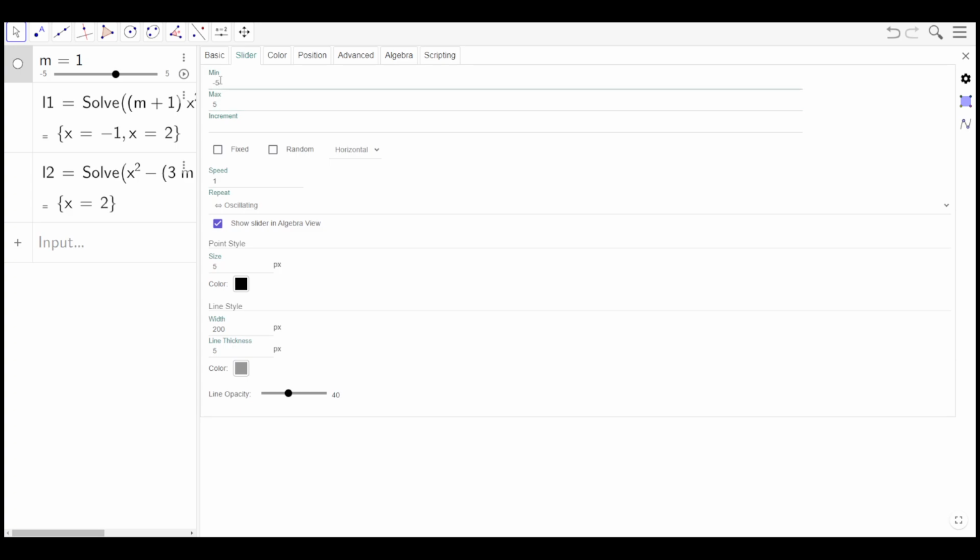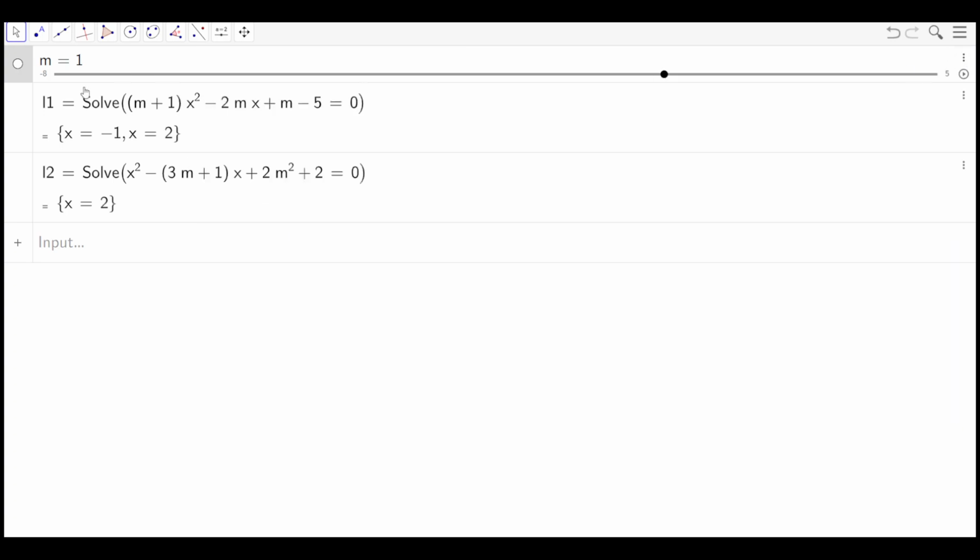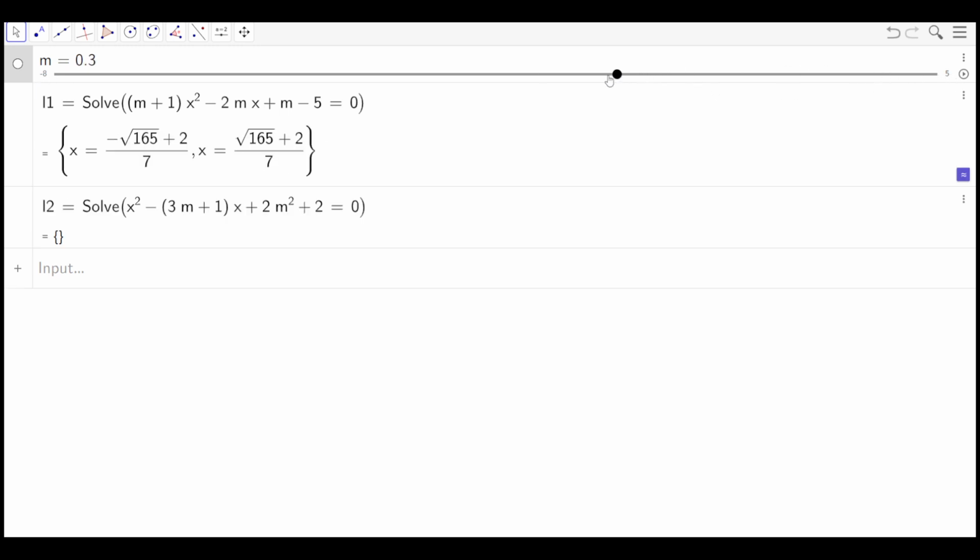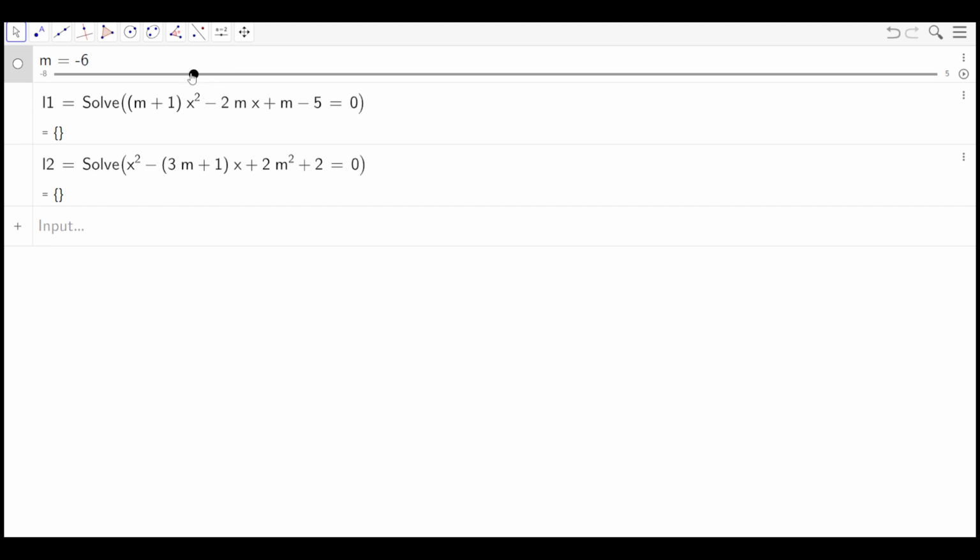You see the minimum is -5, the maximum is 5. So let me change it from, say, -8. And then it goes from -8 to 5 now. And then you know what happens if I choose -7. If you haven't done something wrong, you see at -7, I have exactly 1 root again.